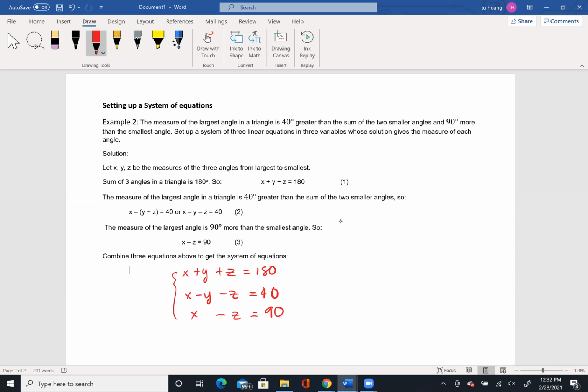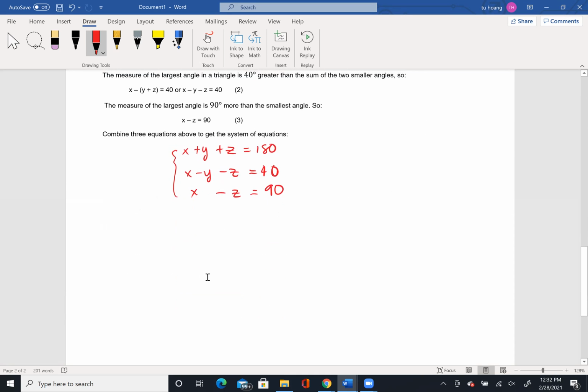That should be the answer of this problem. All right. Let me circle this one.